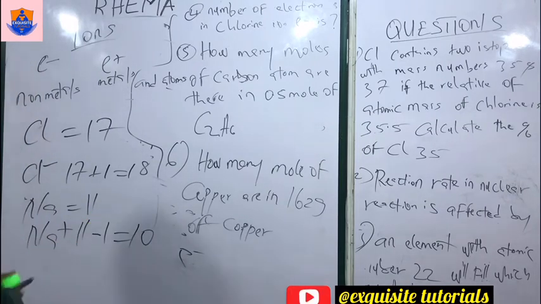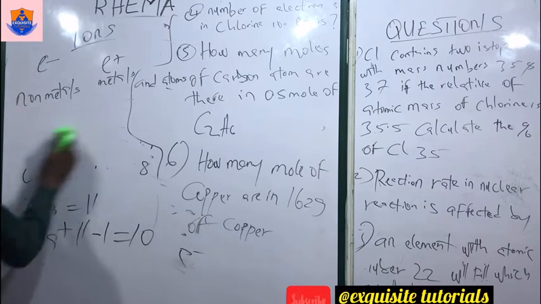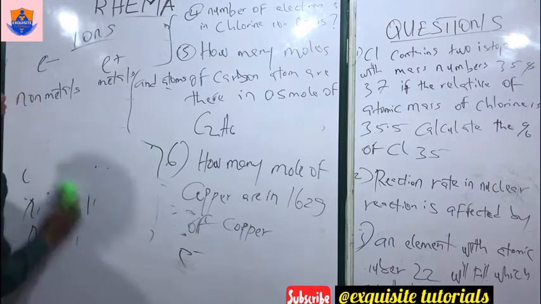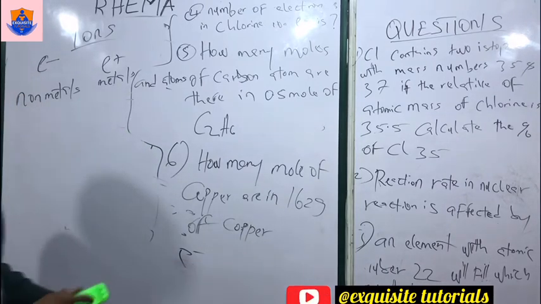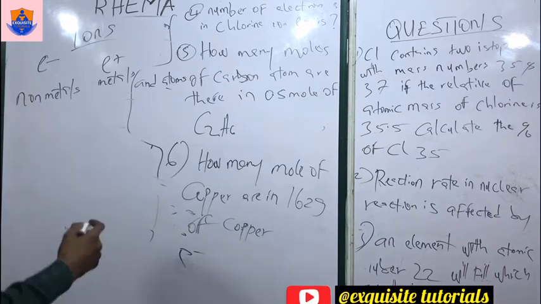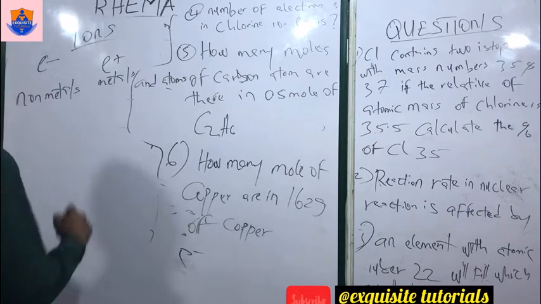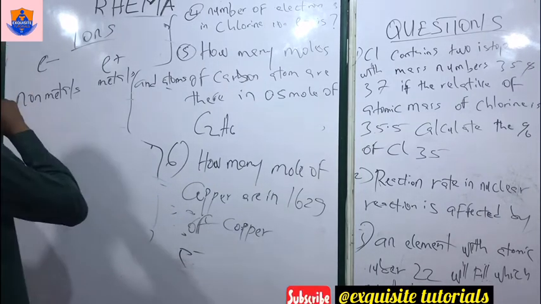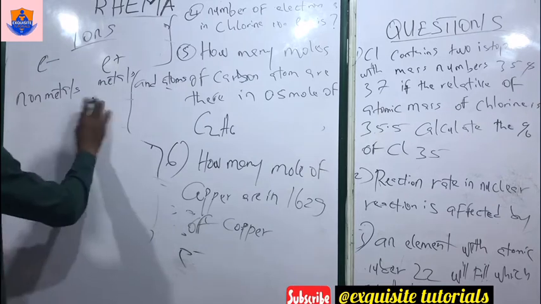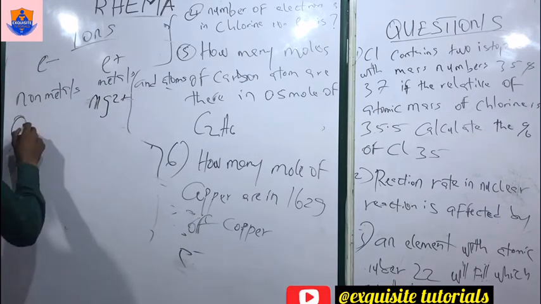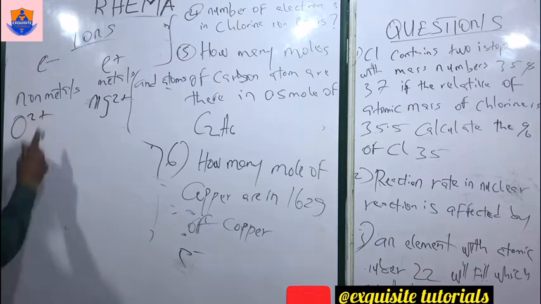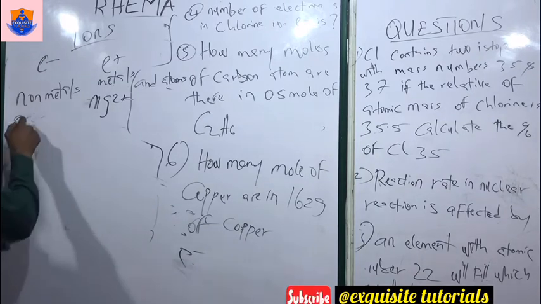So whenever you see elements like this in ionic form, a non-metal with a minus means it has accepted an electron. Okay, let's say, for example, a metal like magnesium. Here is Mg 2 plus, and here is oxygen, 2 minus.